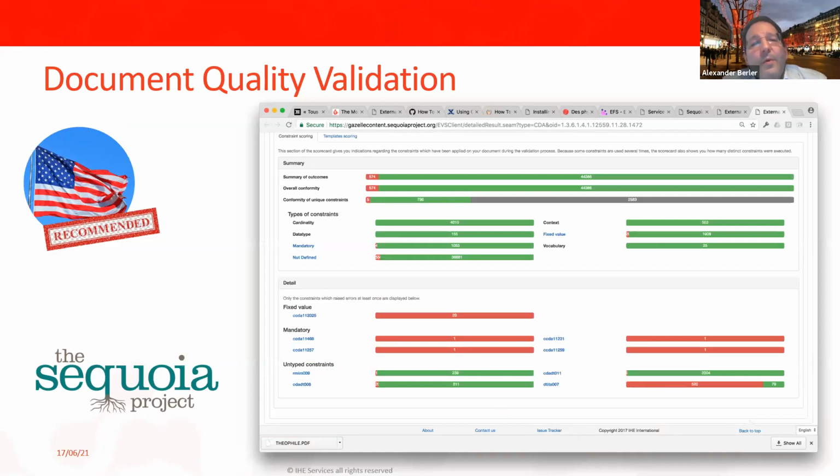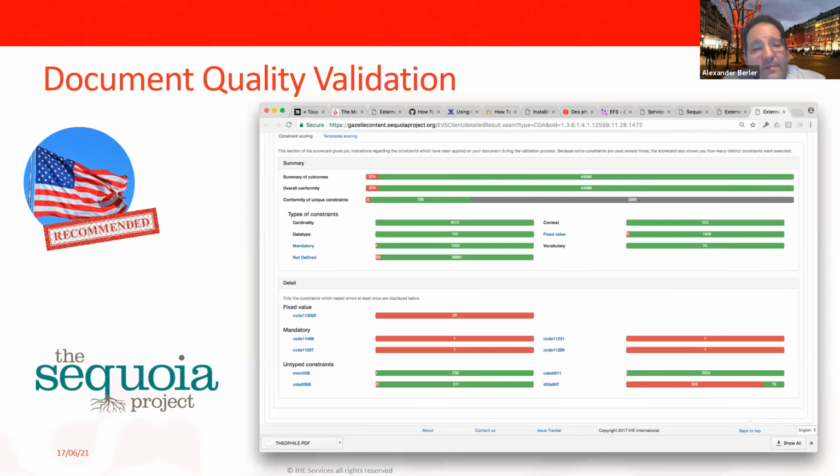Finally, I think another point where we can be supportive is the concept of quality in the clinical documents and messages that have to be exchanged. And this is a process where we have started getting maturity and good knowledge in collaboration with the Sequoia Project in the US, for example.